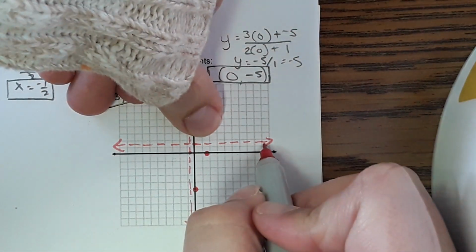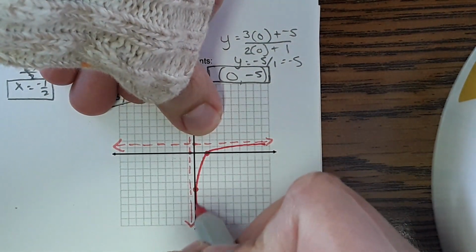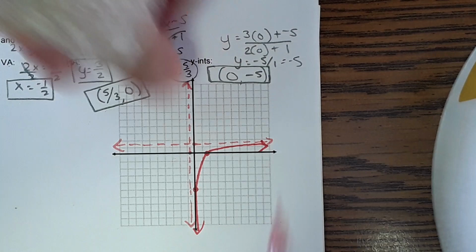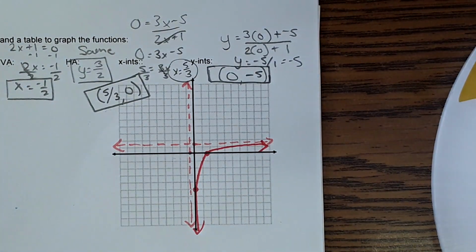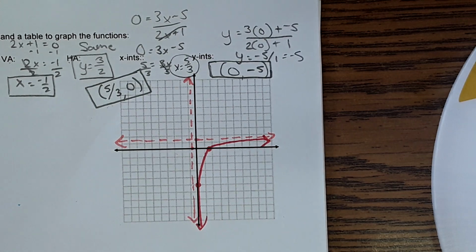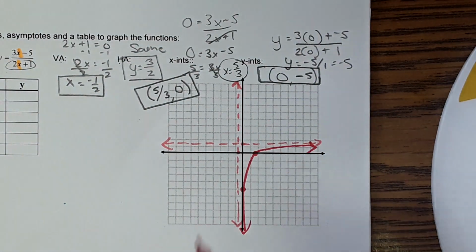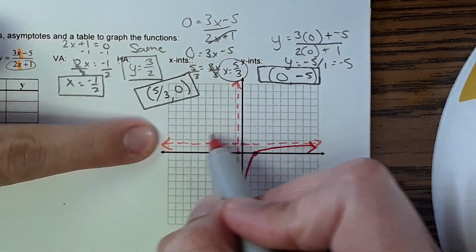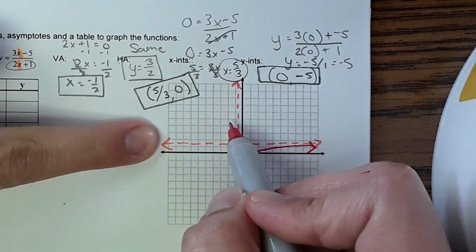So using these guidelines, I can graph this like this. And then there's actually another line that'll go here, but we don't know any of the points for that.